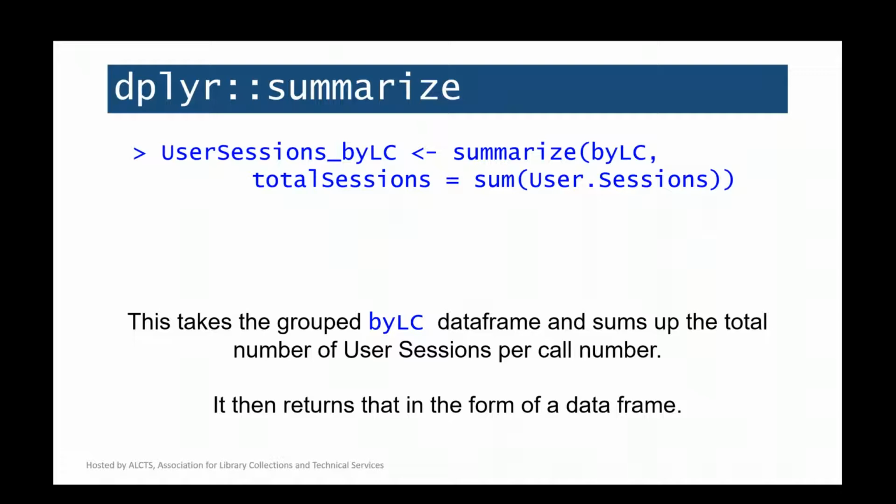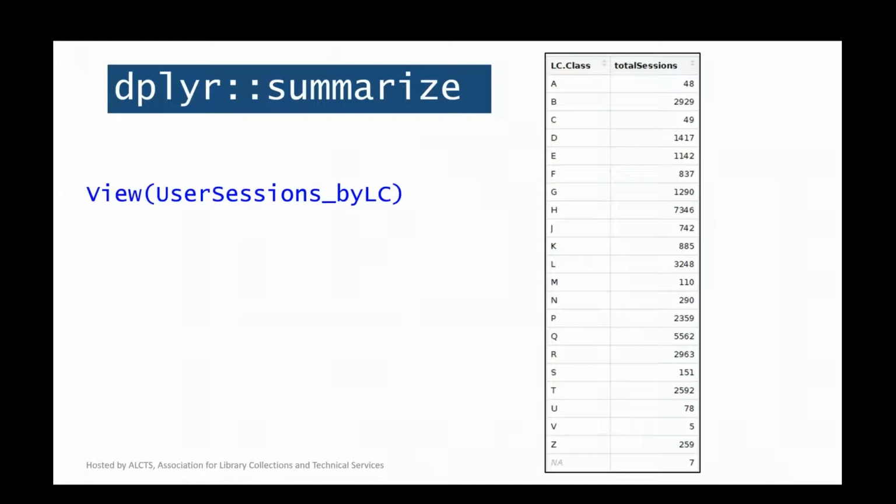It's going to return that in the form of a data frame. So I'm going to have a new data frame in R called user sessions by LC, and it's going to look like this, with one column giving me the LC class, and the second column giving me the total number of user sessions per LC class.